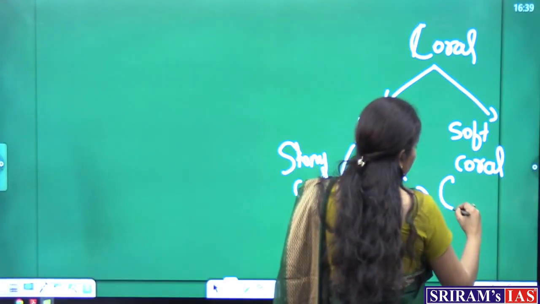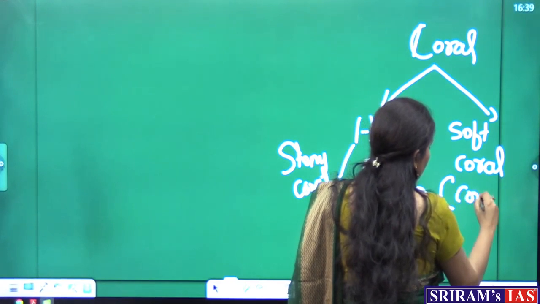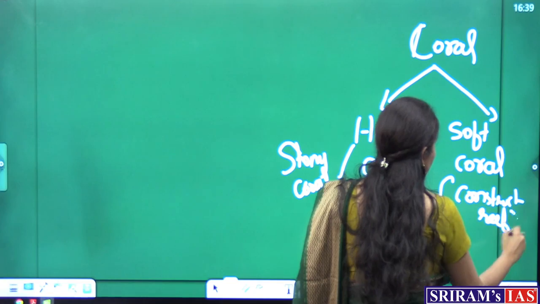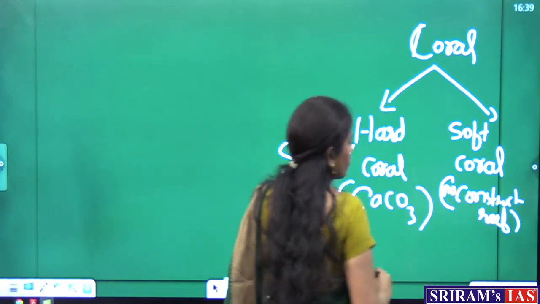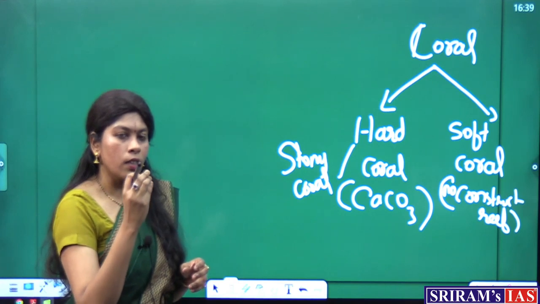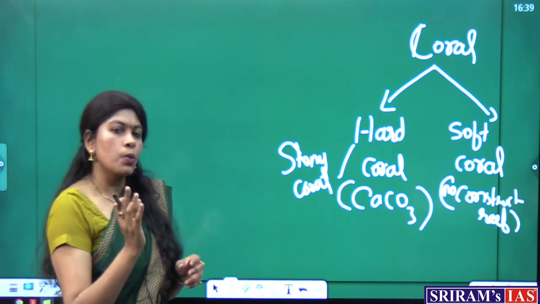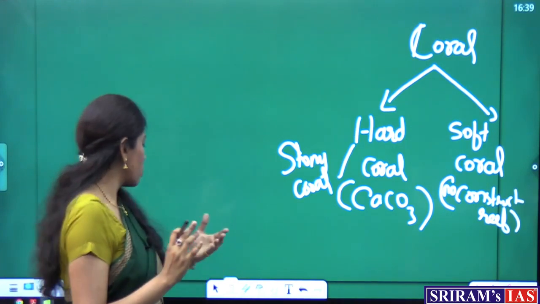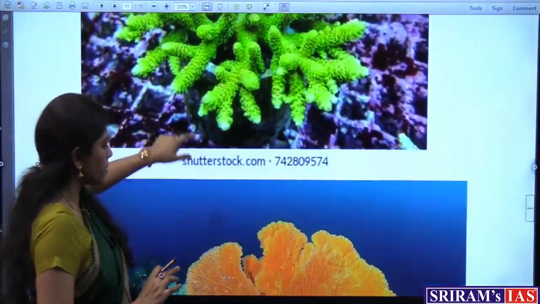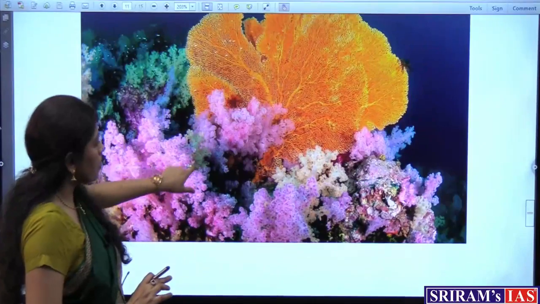The soft coral does not construct reef. They do not build the reef. They look more like a plant or a tree. So they are very flexible inside the water. You can see here, this is hard coral, they have hard skeletons, but these are examples of soft coral.